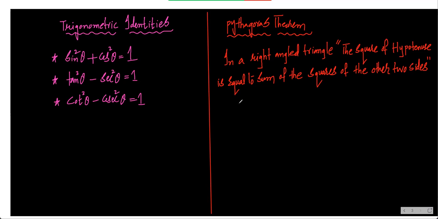That is, if you want to write in a mathematical language, it will be AC square is equal to AB square plus BC square. This is very important theorem.